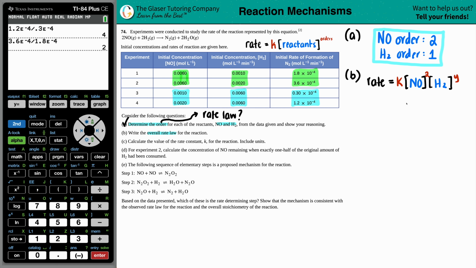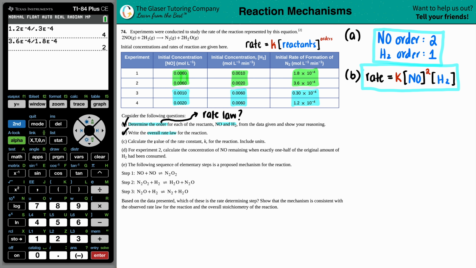So that is a 2 up there. And then H2 is raised to the first. So you can put a 1 up top here, but you don't have to if you don't want to. And that's the answer for B. How quick was that, right? So A was a lot of math. B was an easy one, mainly because we already did most of the work. And that's the answer for the second part. So let's just box that off. We'll probably use that for later questions. And B's done already.